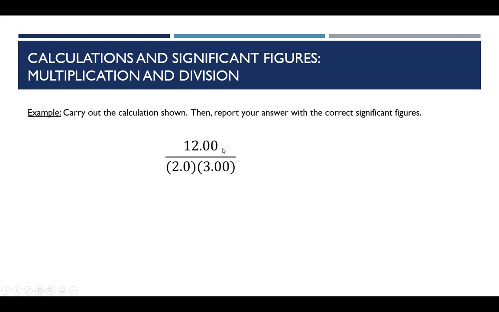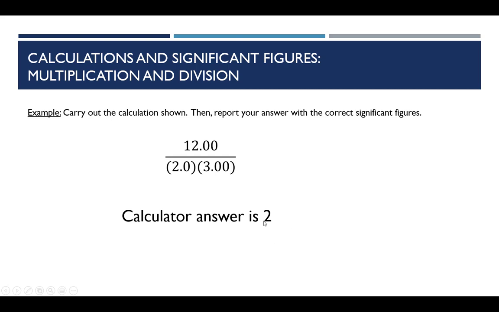This calculation here involves division, so we have 12 divided by 2 times 3. Since these numbers are all relatively easy to deal with, we can do this in our head. So we have the denominator here, 2 times 3 would be 6, and so 12 divided by 6 would be 2. And if you did this correctly in the calculator, the answer would just be 2. It wouldn't give you anything else.